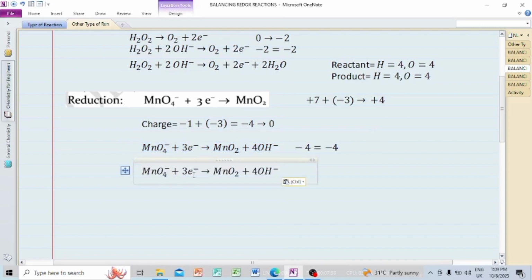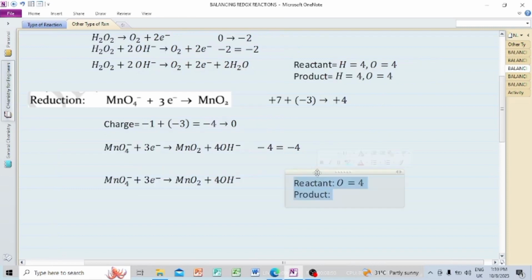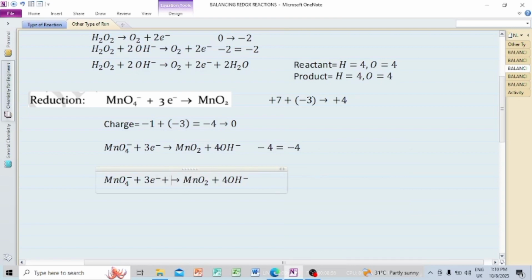So, MnO4 plus 3e negative. So, dito meron tayong, okay, let's balance the atom. Let's add water muna dito sa kabila. Plus H2O. And then after adding water, we will balance the atom na.